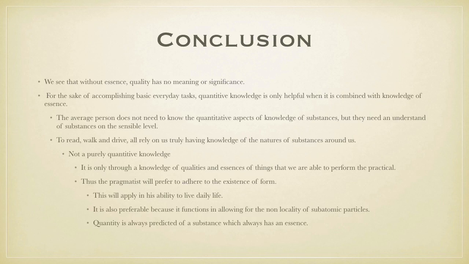Ultimately, a philosophy which only is concerned with quantity and rejects the existence of essence and quality cannot provide true knowledge, because quantitative knowledge is always knowledge of something, and if essences turn out to be nothing, then quantitative knowledge turns out to be knowledge of nothing.